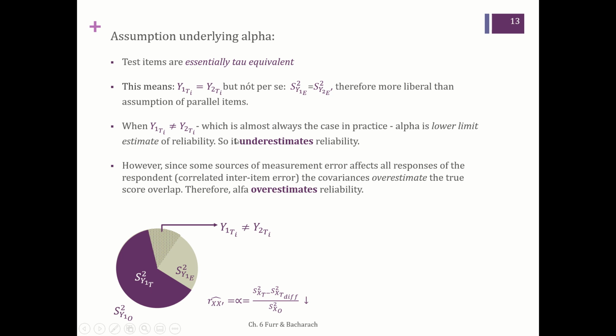So in the population with no measurement error, yes, Cronbach's alpha underestimates. In practice with samples, no, Cronbach's alpha is not always an underestimate. Your sample Cronbach's alpha can either underestimate your reliability or it can overestimate reliability, because there's always measurement error.